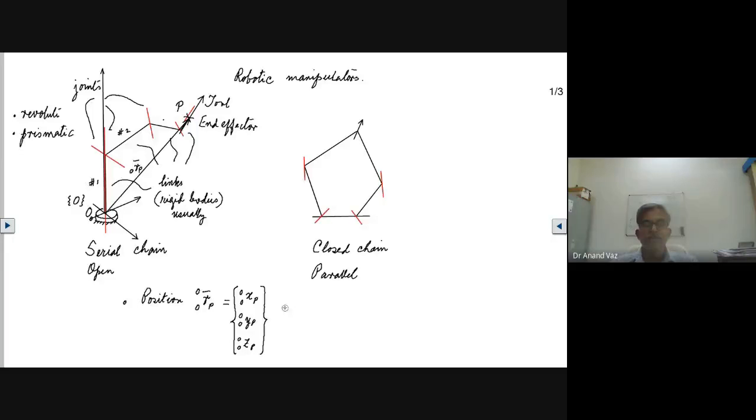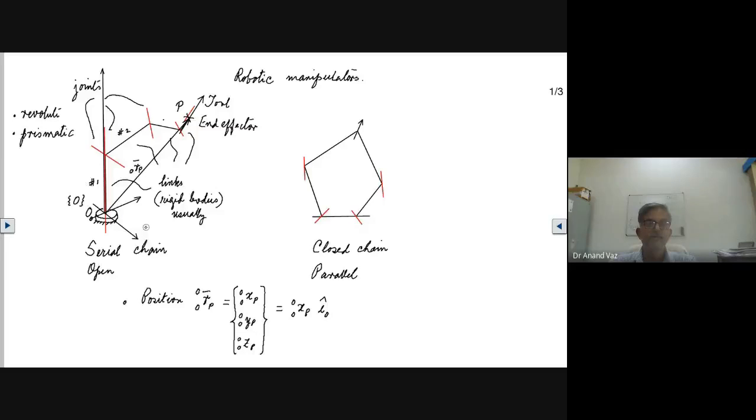We are already familiar with this representation in another form. We have been writing this as xp using the unit vectors of the frame 0, that is i.